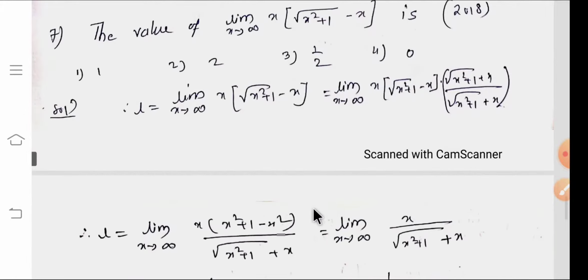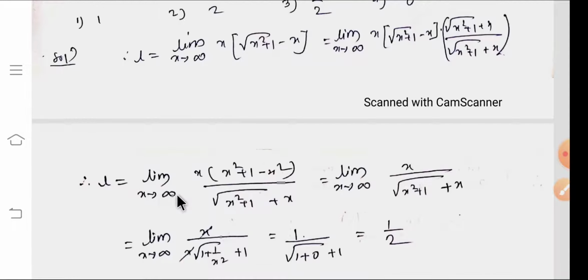So therefore we have L equal to limit of x tends to infinity, x times, using (a minus b)(a plus b) equal to a square minus b square, that is x square plus 1 minus x square, the root gets cancelled, and the denominator is root of x square plus 1 plus x. That is equal to limit of x tends to infinity x upon root of x square plus 1 plus x.